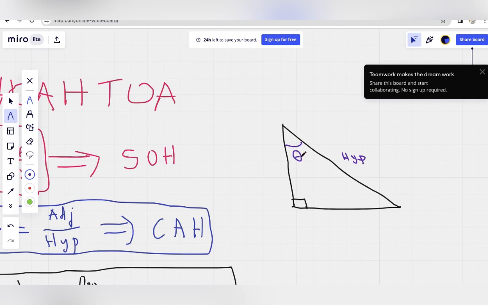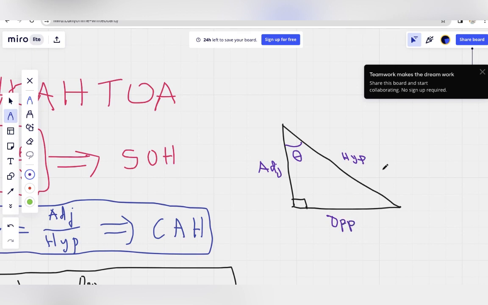The side next to it, by the side of the angle, is called the adjacent. Then the side opposite to this angle is called the opposite.